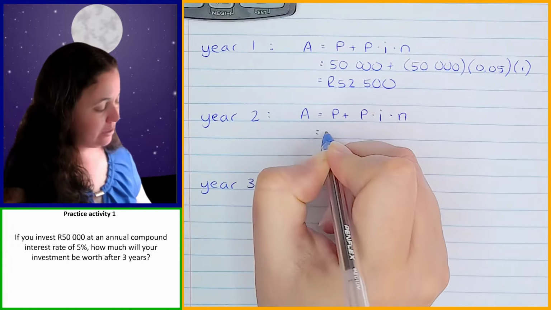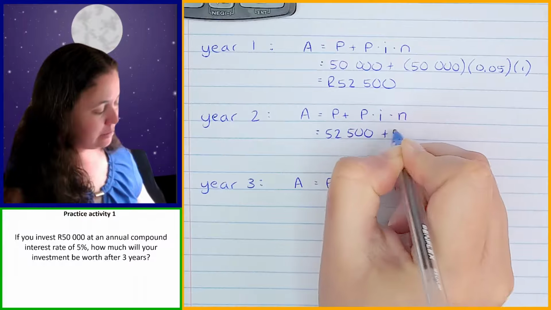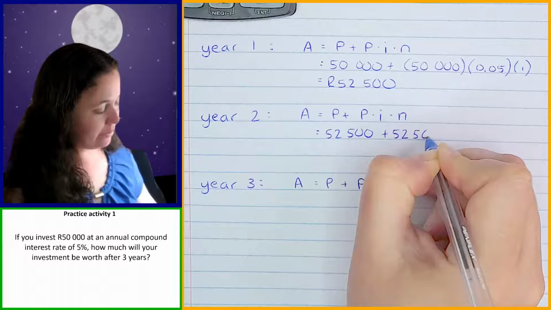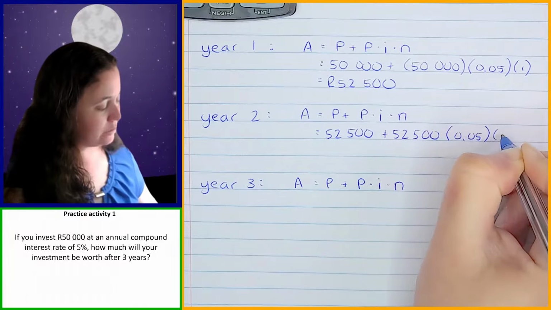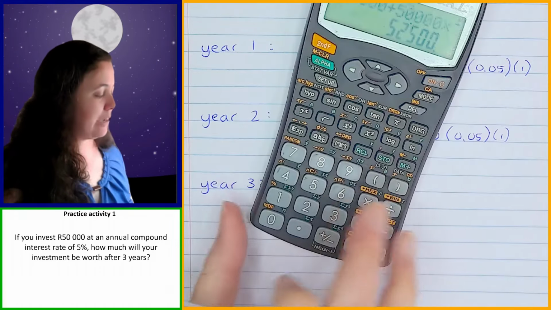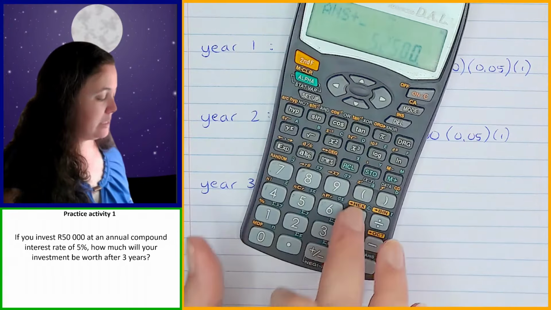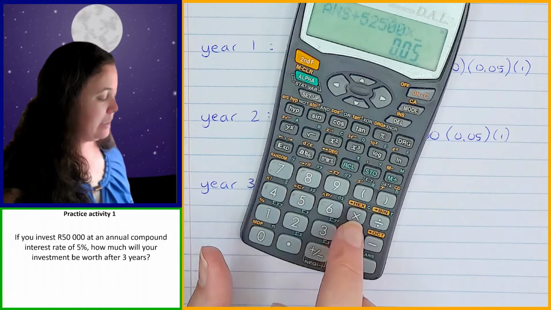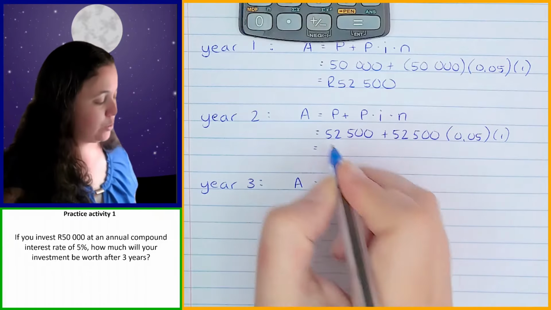So that's going to be 52,500 plus 52,500 multiplied again by 0.05 and by 1. Now if I fill that in, I have 52,500 plus another 52,500 times 0.05 times 1, and that gives us 55,125.